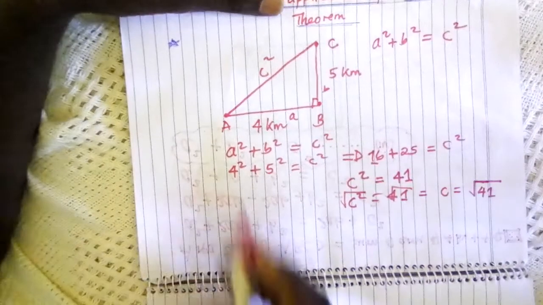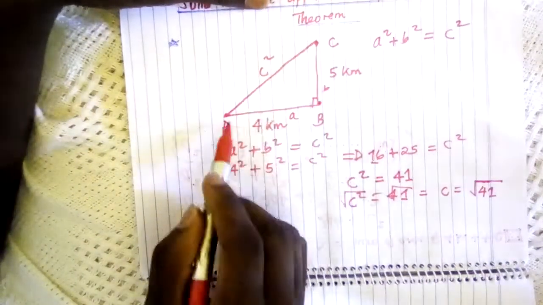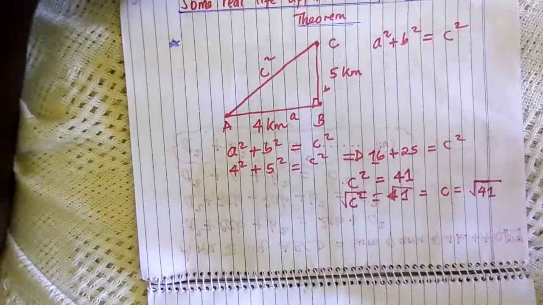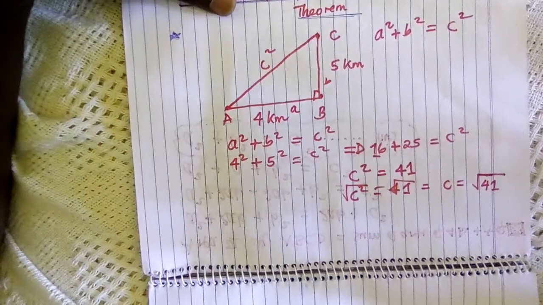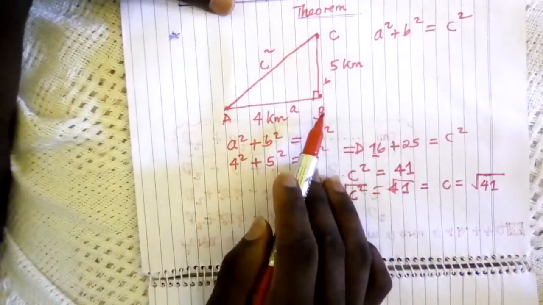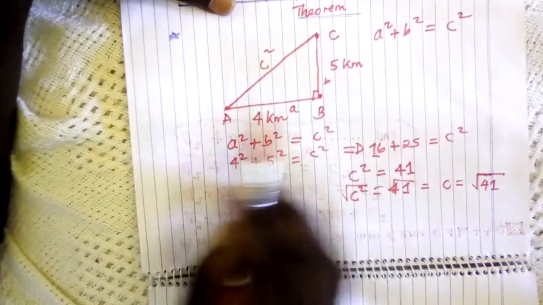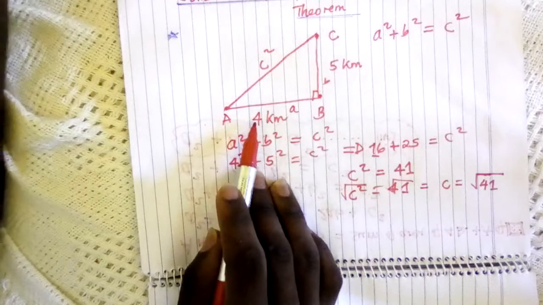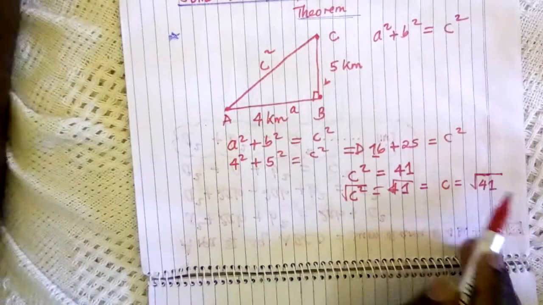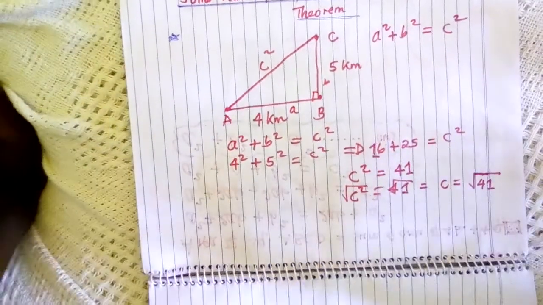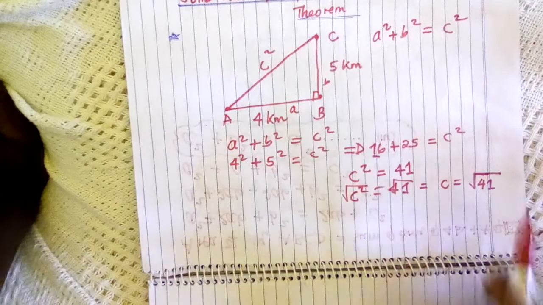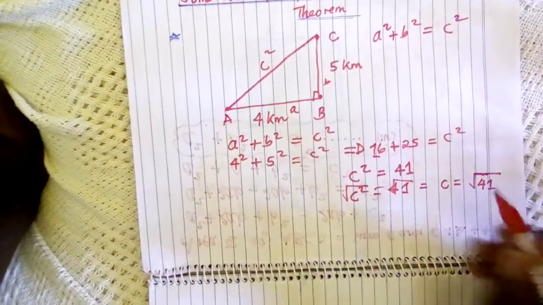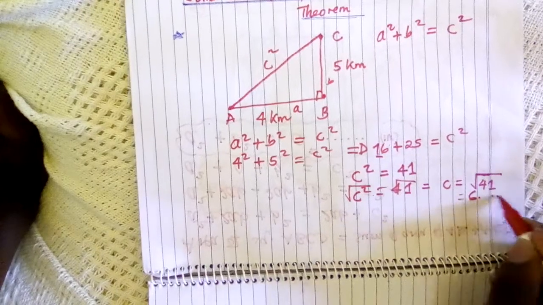Someone who takes this road from point A to point C takes a very short distance compared to someone who will run all the way from A to B, then from B to C. This guy is going to take 9 kilometers, while this guy is going to take less, almost 6 point something, right?